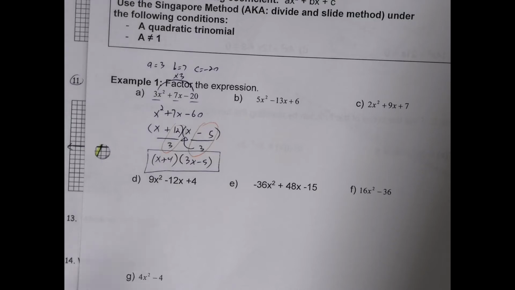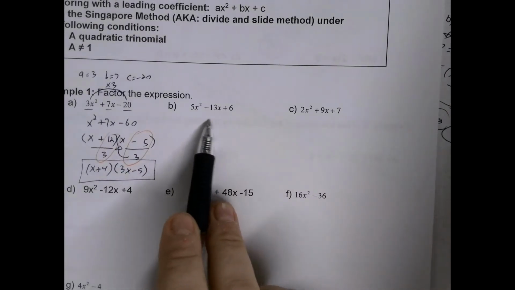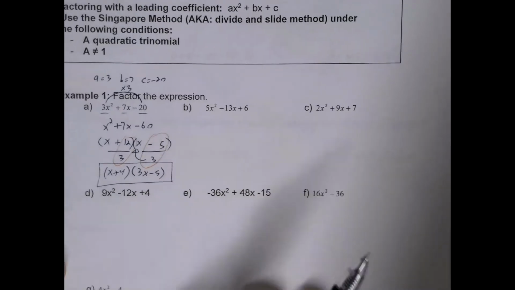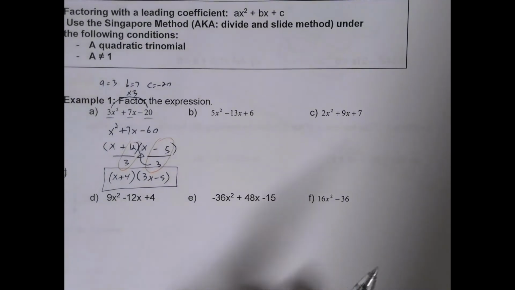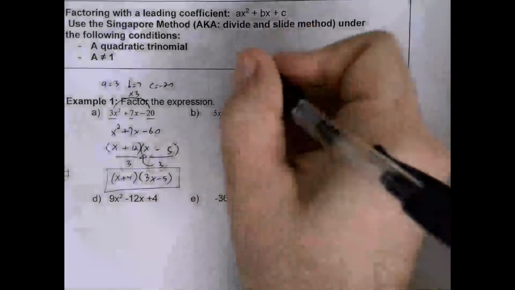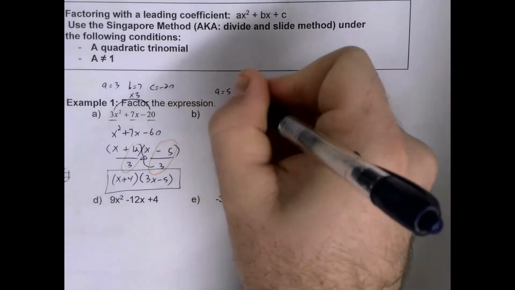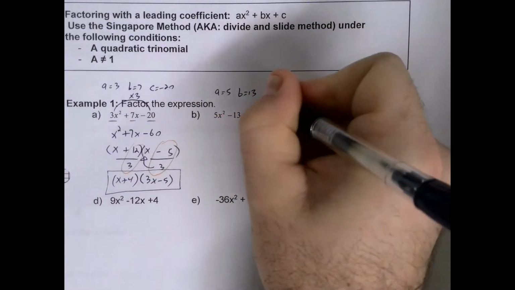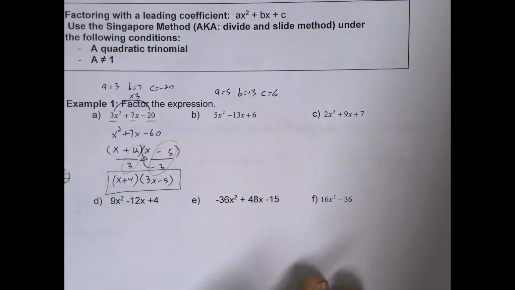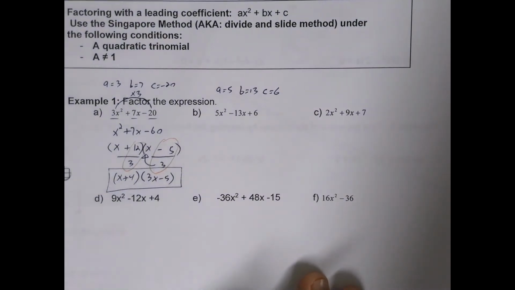Okay? So let's try another one here. Here's a trinomial. Okay? And I want you to ask yourself, is there a GCF? No. So that's good. Let's label the A, B, and C. So A is 5, B is 13, and C is 6. Okay? All right, here we go.